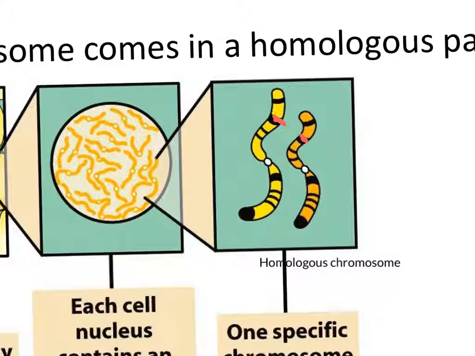It could be, though, that they're different versions of a gene or different alleles. So you could also have a situation here where you have that. And here, a different allele.